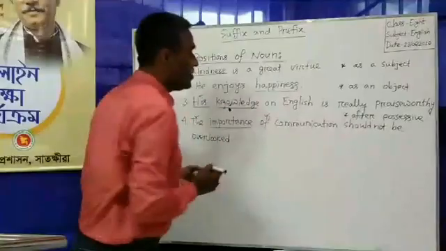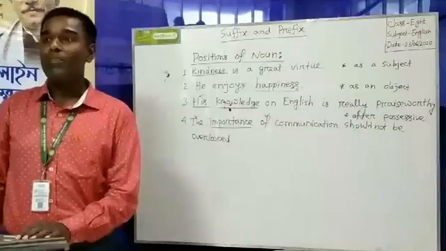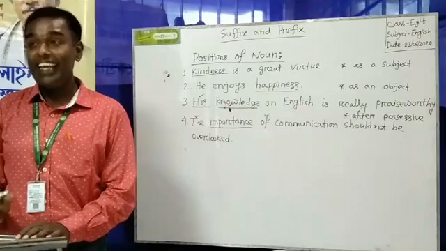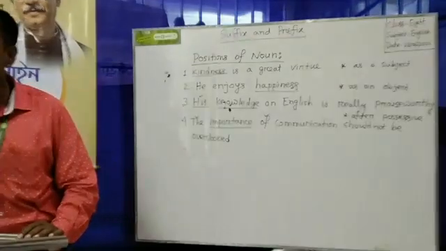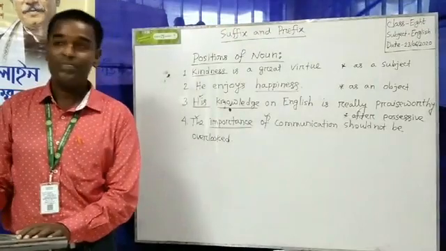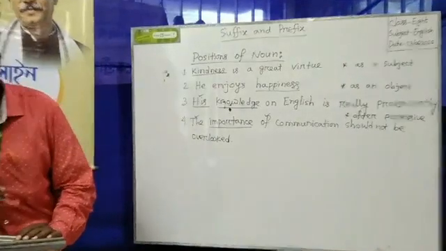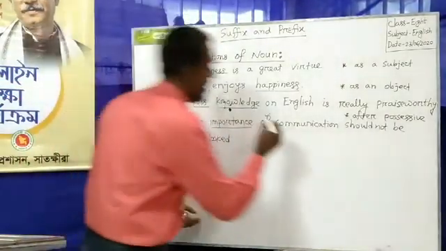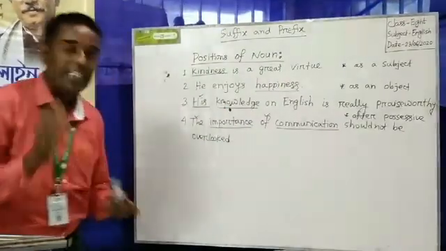What is it? It is of. No, my question is to you. Which part of speech is of? Yes, of is a preposition, and after a preposition, this communication is a noun.